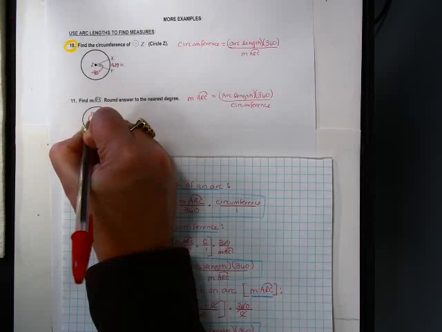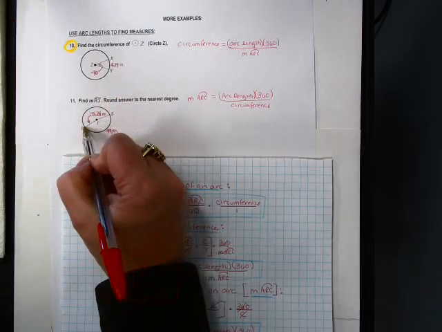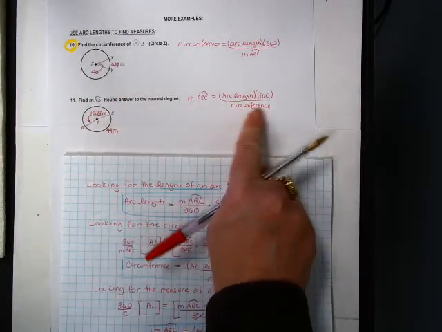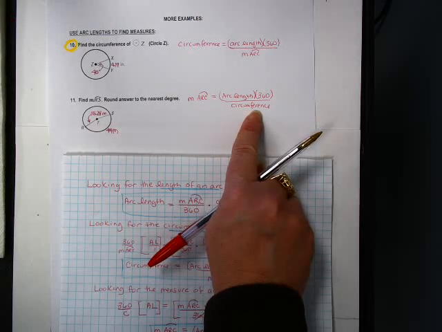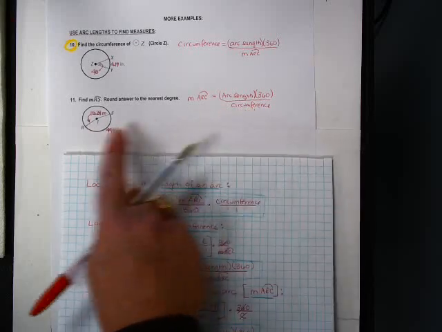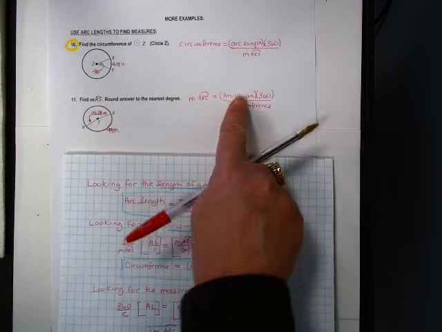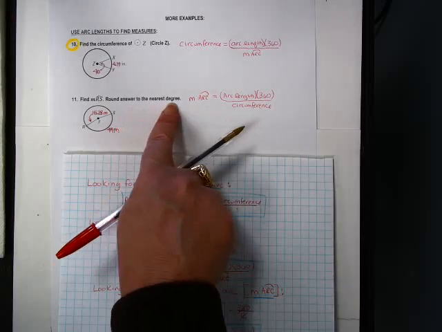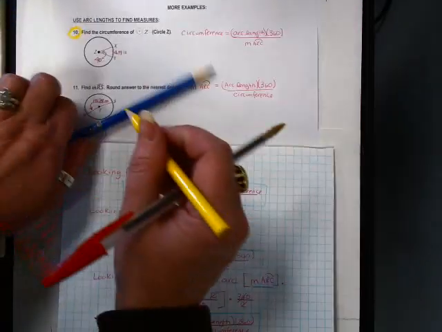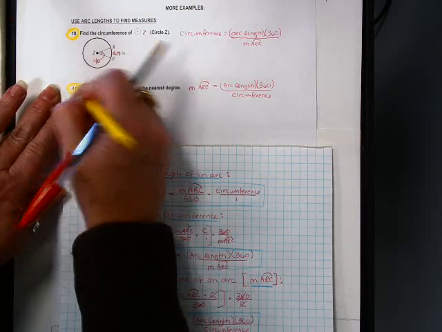And it's pointing to this piece right here. That means the radius. So this time you have to use your circumference formula and figure out what the circumference is first. You already had the arc length here, so plug in what you know, and then find this. Make sure you round to the nearest degree. You're going to finish this one on your own and bring it in.